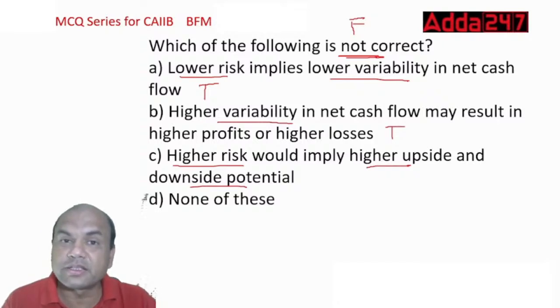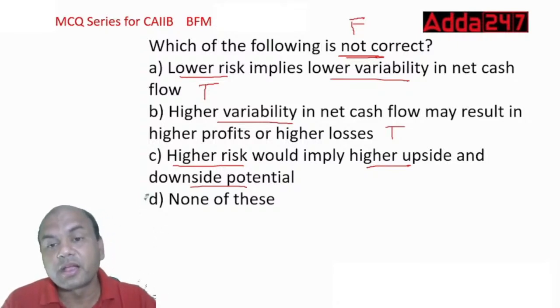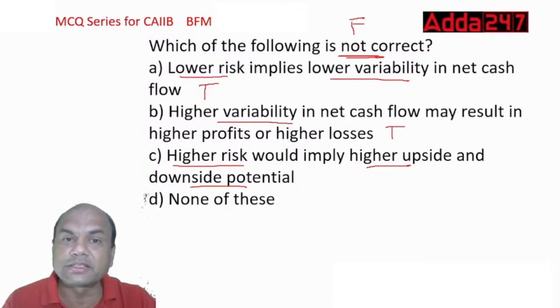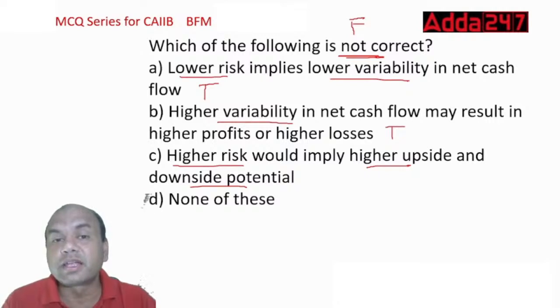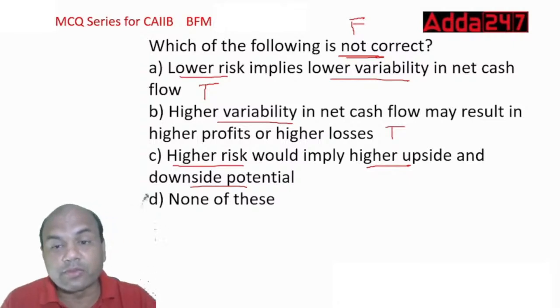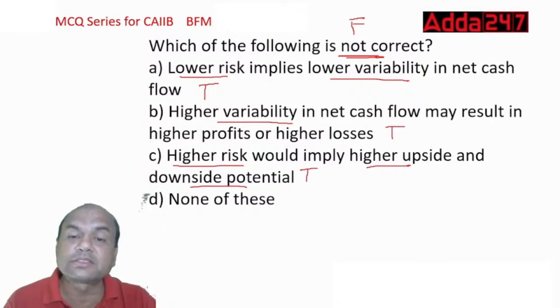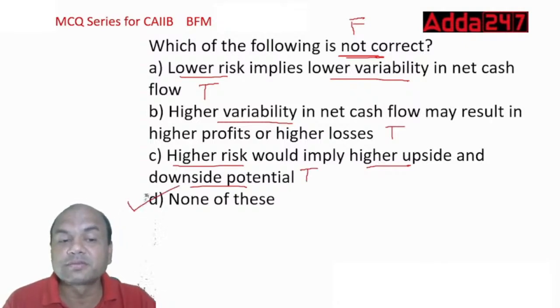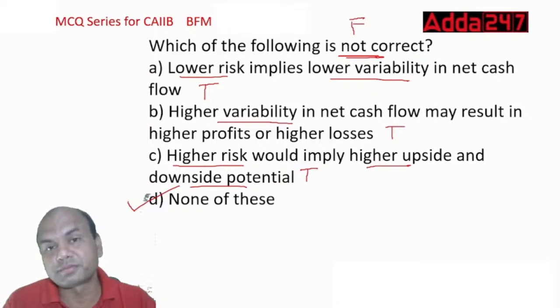Have you seen day trading in the stock market, in options or futures? Mainly these two. You'll see this sign: higher upside, higher downside. Anyone who has done trading in Bank Nifty, type in the comment section. There you will find it. Higher upside, higher downside, higher risk. So that is also true. So which is false then? None of these. All of them are true.